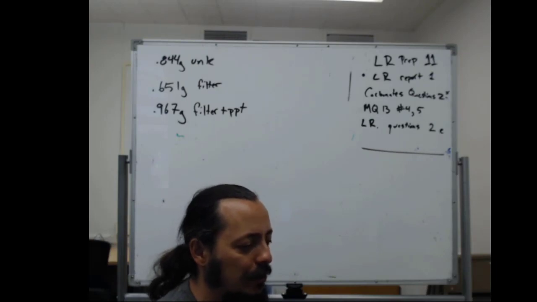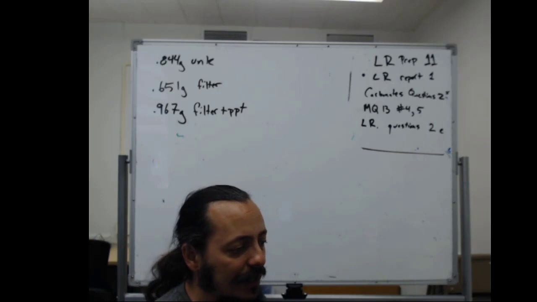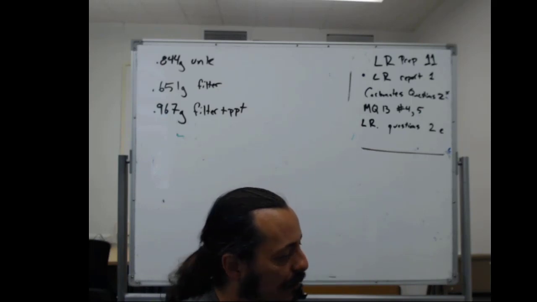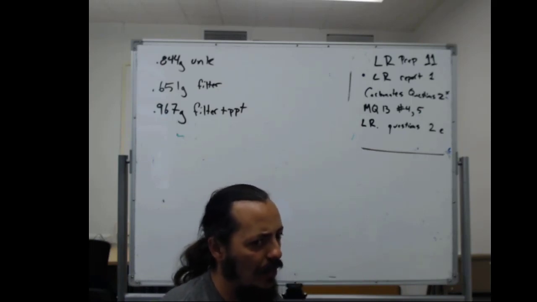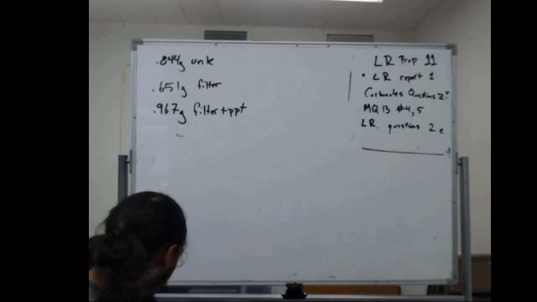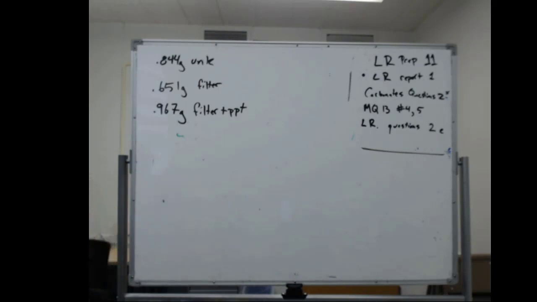So LabPal trusts that you're putting the right number in there. Mass of filter paper, again, LabPal's going to trust you put the right number in there. Mass of filter paper plus precipitate, again, so there's those 3 spots that LabPal's going to trust that you put in the thing that it's expecting from you. And if you mess up any of those, then it starts having some self-referential issues.